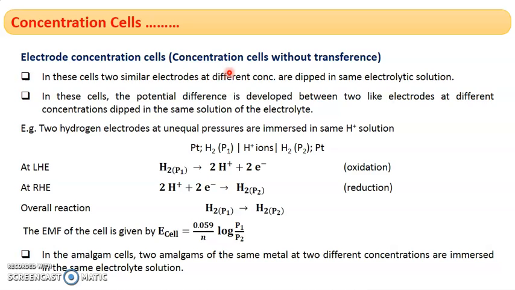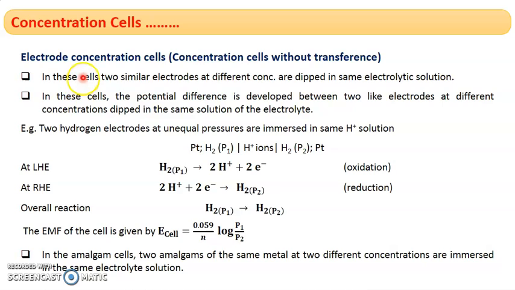The same is the case with the electrolytes also. Now we'll get into the matter. First type of concentration cells, electrode concentration cells. Electrode concentration cells means electrode concentrations are different. In other words, electrodes are similar, not identical.